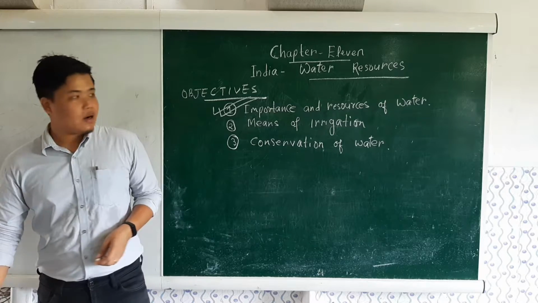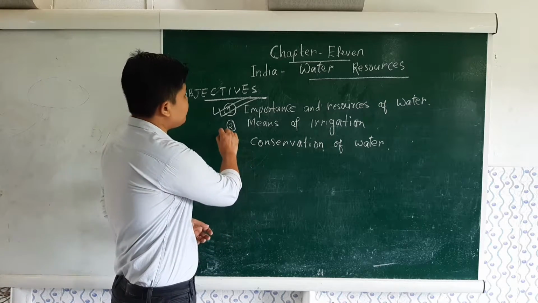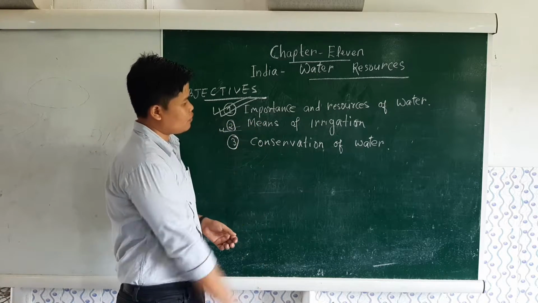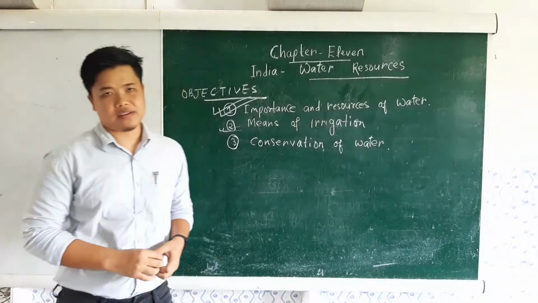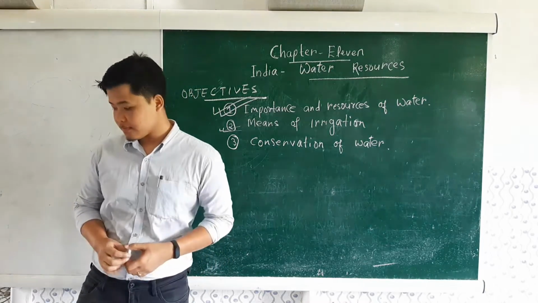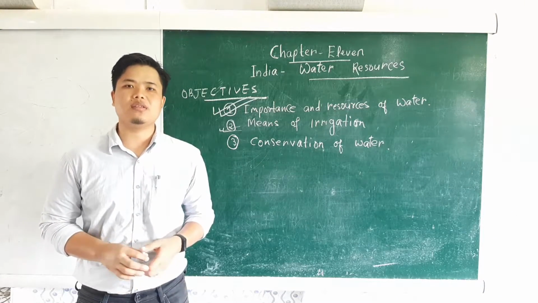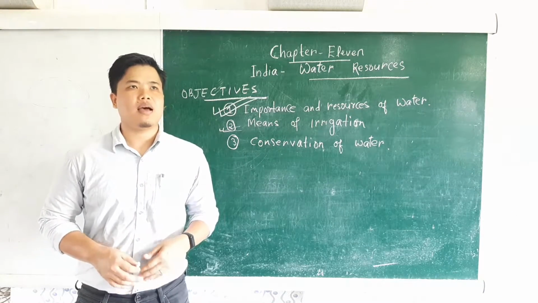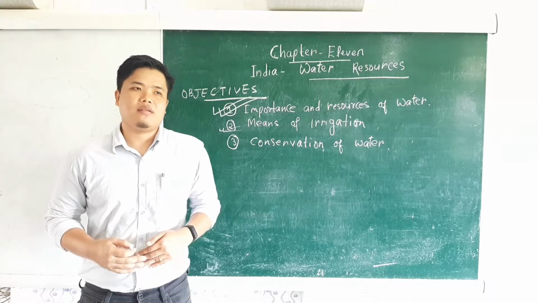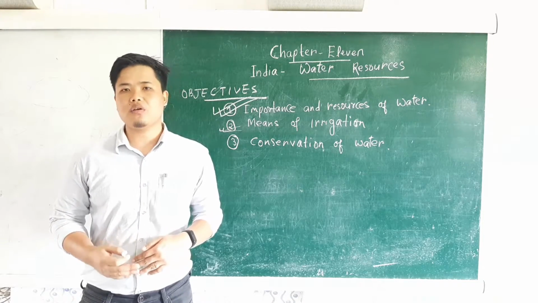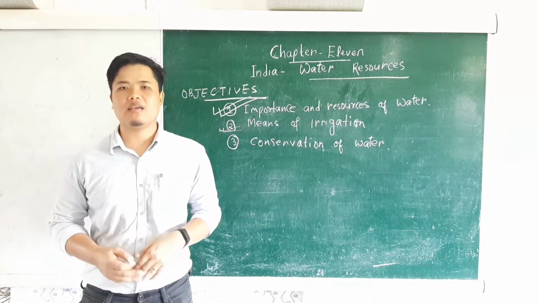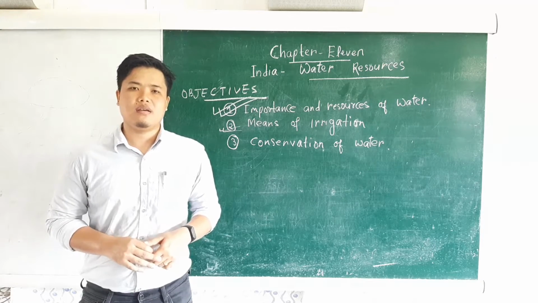Now, our objective number two, means of irrigation. You know, farmers in India mostly depend on the monsoon wind that will be followed by rain in the months of June, July, August.